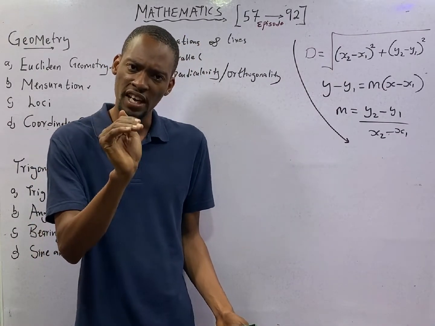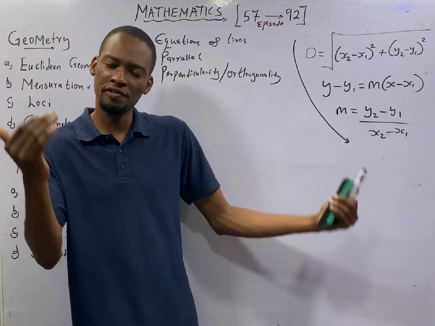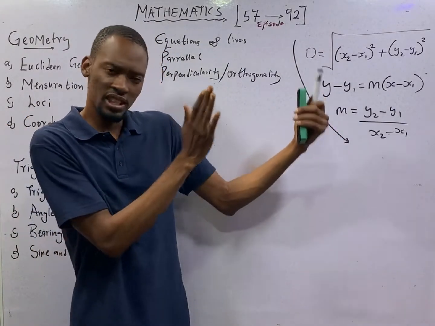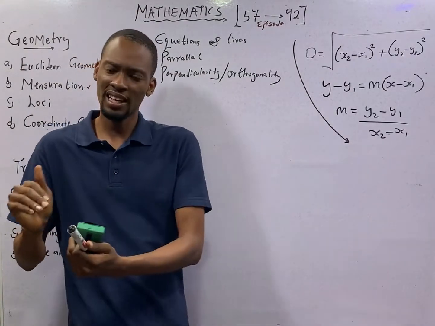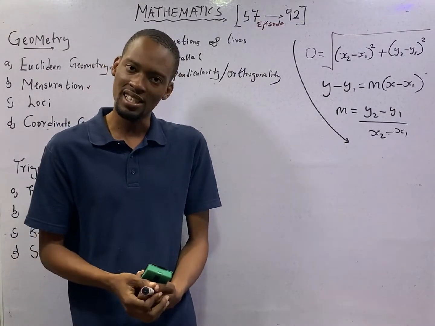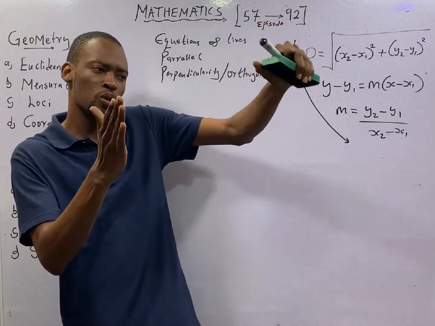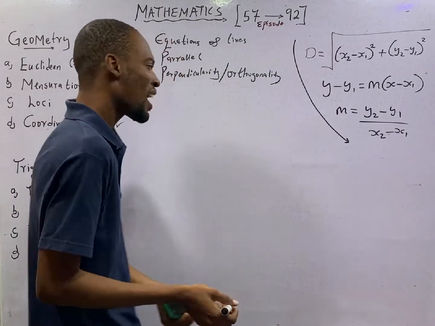Listen to this, very, very important. If you have two different lines, this first line has its own gradient. The other line has its own gradient. If their gradients are the same, they have the same slope, the lines are said to be parallel. Why not?